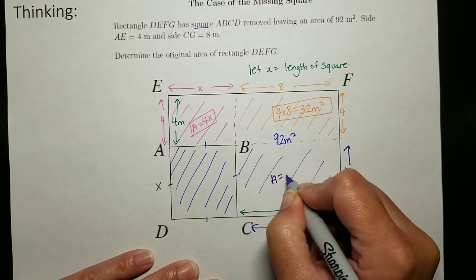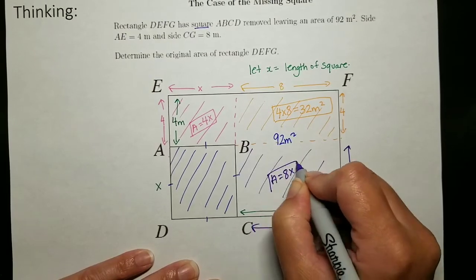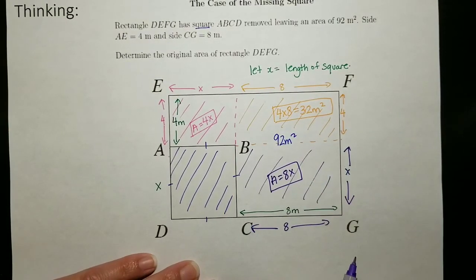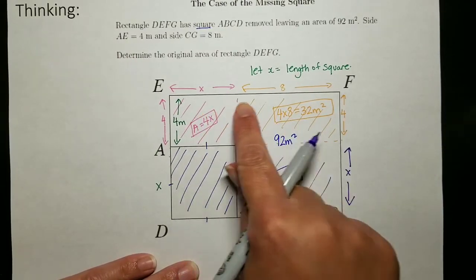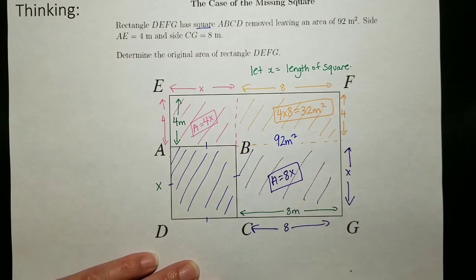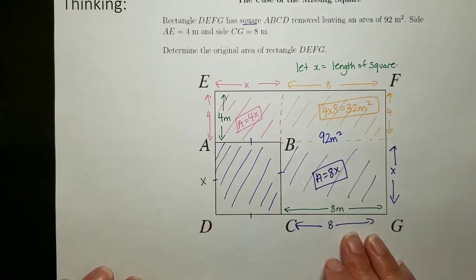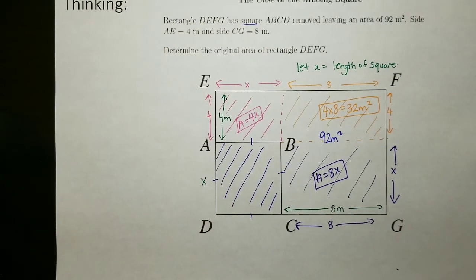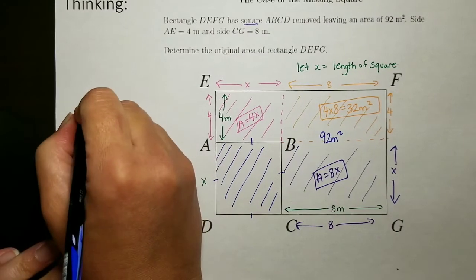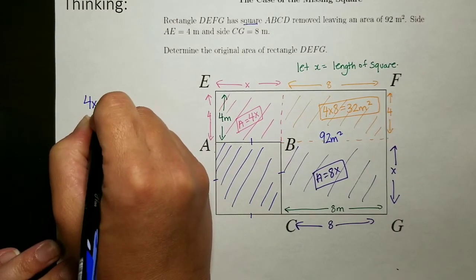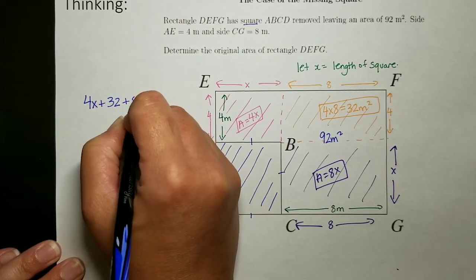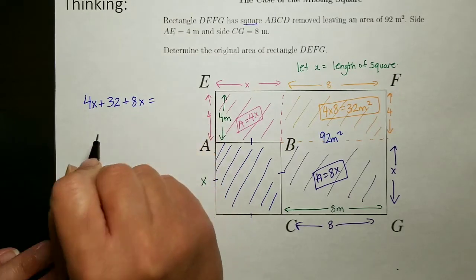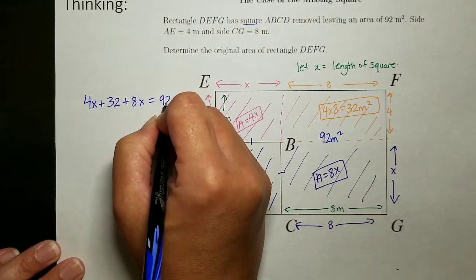So the area here is 8x. Now remember I said pink plus orange plus purple equaled 92. The 92 was this whole big kind of L-shaped thing. So that's what I'm going to use as my equation. The pink area, which is the 4x, plus the orange area, which is 32, plus the purple area, which is 8x, that all equals 92 meters squared.